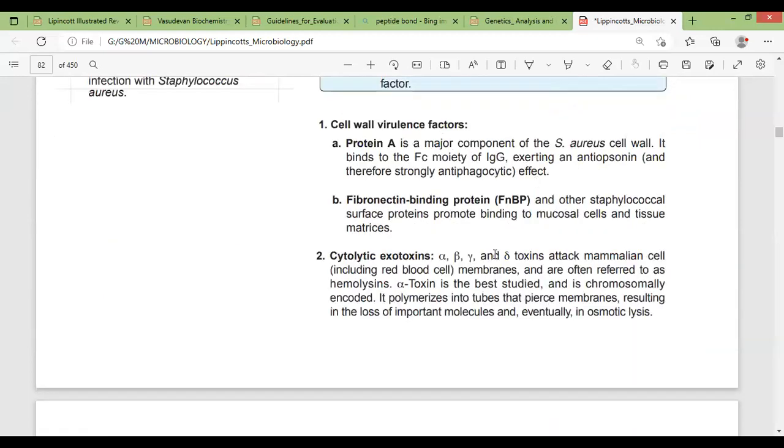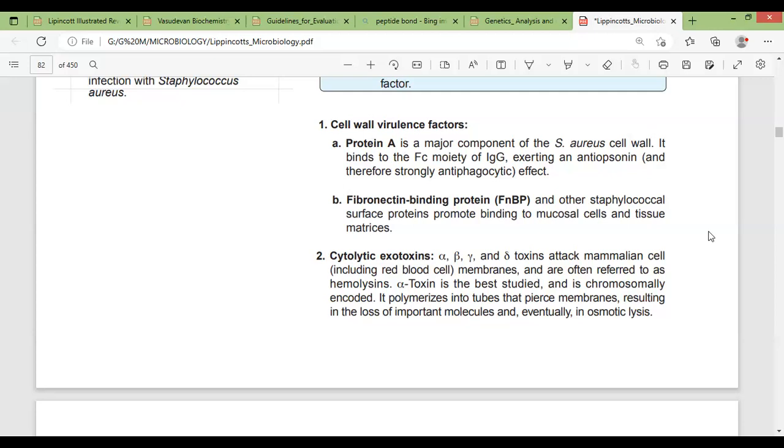For Staph aureus, we're seeing protein A, which is a component of the cell wall, and it binds to this moiety of IgG-Fc. We haven't looked at antibodies, but there are two portions, Fc and Fab.